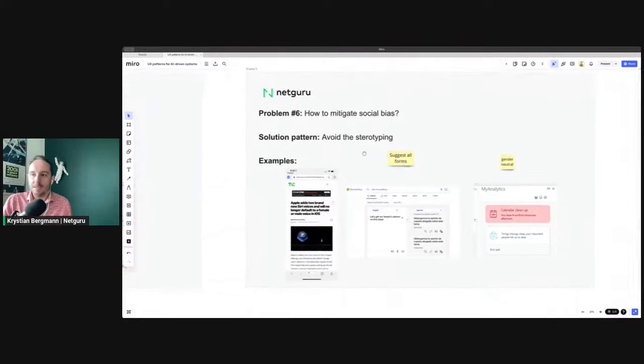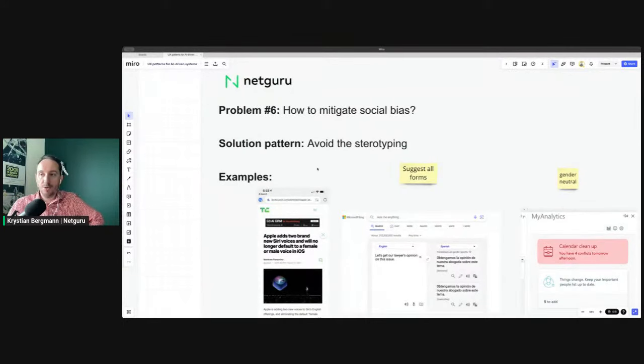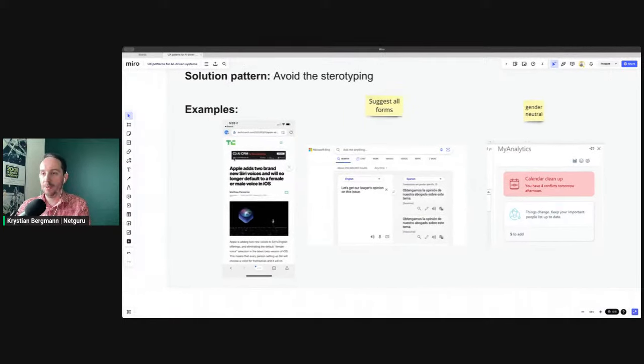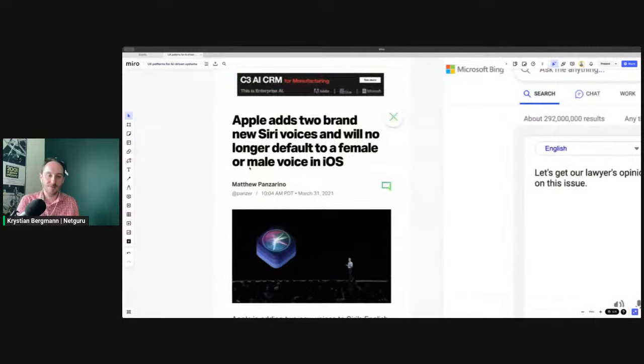And the next question is, by that, how to mitigate social bias in the AI system, right? And usually this is avoiding any kind of stereotyping. So three very good examples from tech: in Apple Siri, the first thing they did some time ago was adding additional voices so that the assistant will no longer be associated with the woman's voice, right?